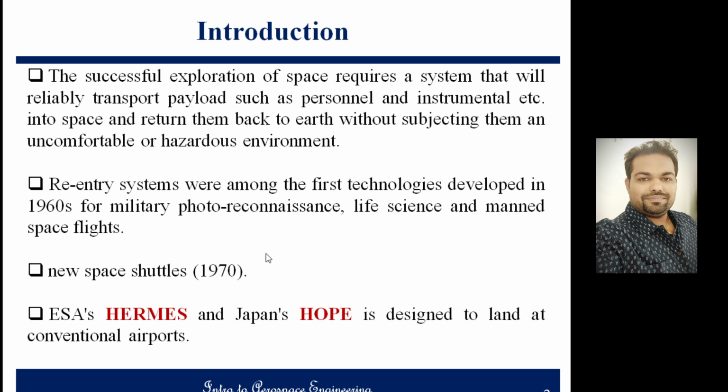So first, how things actually started. The successful exploration of space requires a system that will reliably transport payloads such as personnel and instruments into space and return them back to Earth without subjecting them to an uncomfortable or hazardous environment.